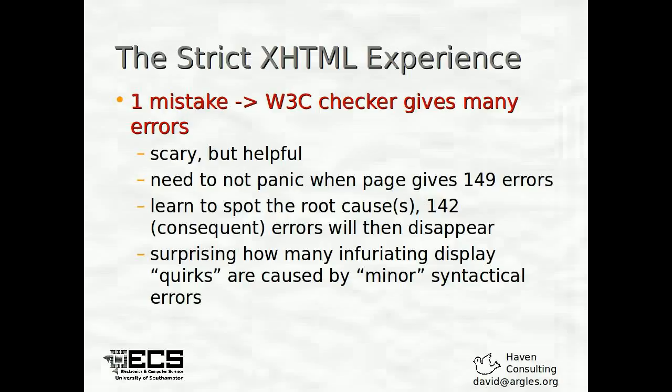You needed to not panic when your page goes through the checker and gives, say, 149 errors. The trick was to learn to spot the root cause or causes, and you would find immediately that 142 consequent errors would disappear. It's surprising how many infuriating display quirks are caused by minor syntactical errors. So it's quite important to get your syntax exactly right.